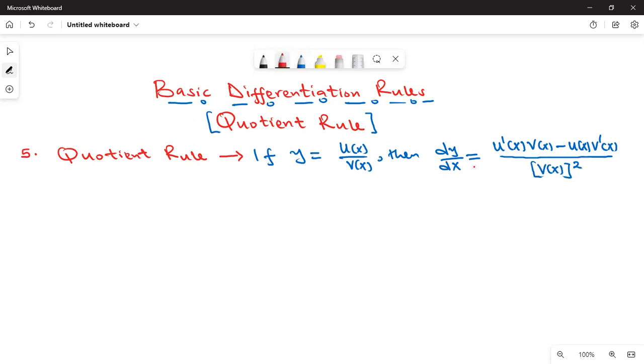So this is the quotient rule. Let me bracket it. This is the quotient rule.